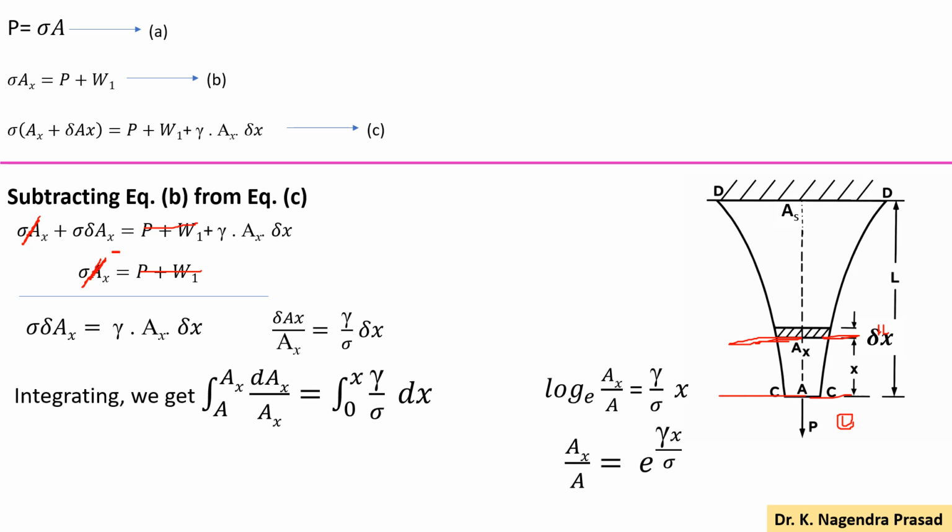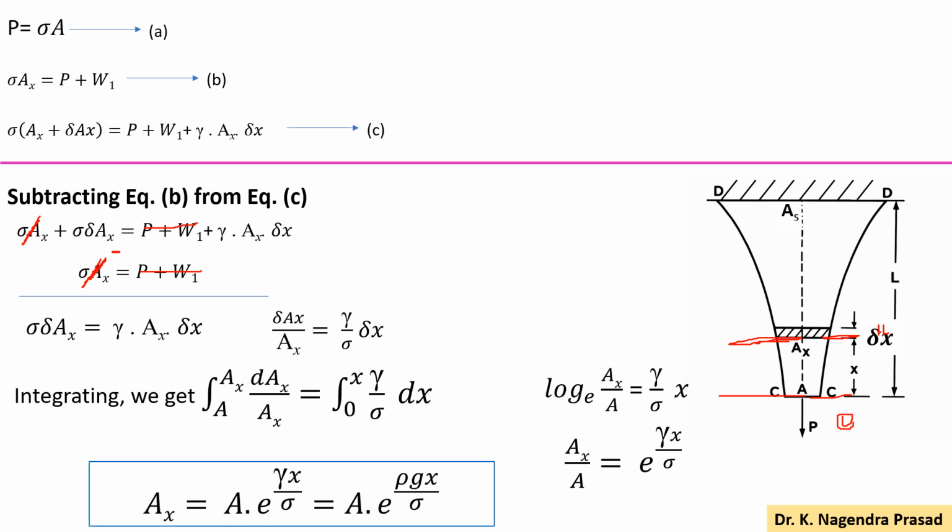So, Ax divided by A equals e to the power gamma x divided by sigma. So, Ax equals A into e to the power gamma x divided by sigma, which is equal to A into e to the power rho g x divided by sigma.